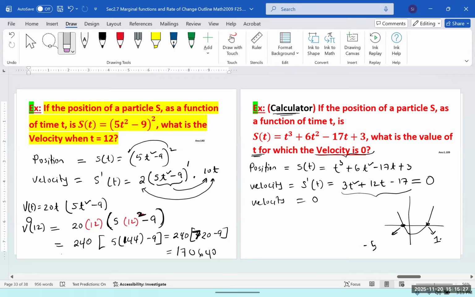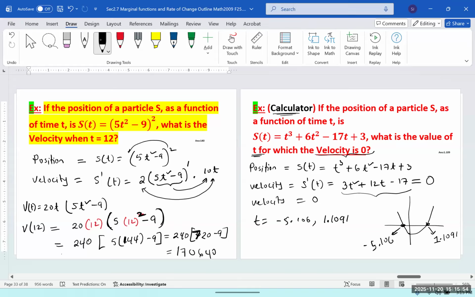Say it slowly. 1 point what? 1.109. Okay, that's fine. -5 point something, right? -5.106. So t equals -5.106 and 1.109.